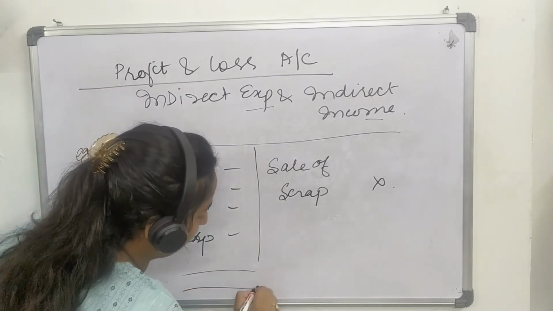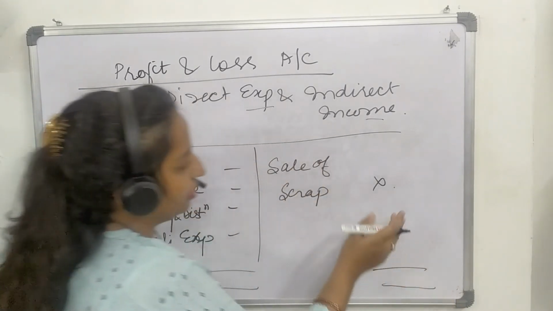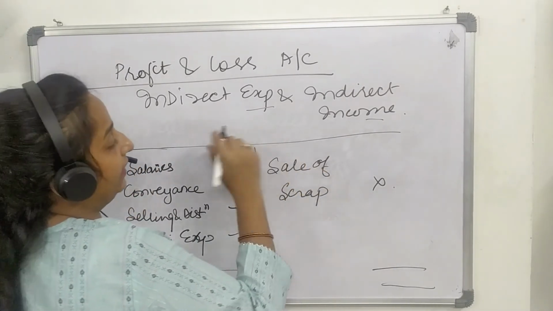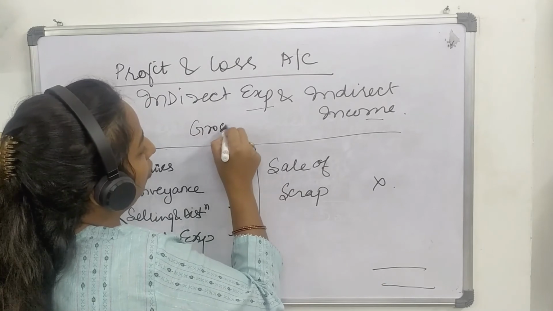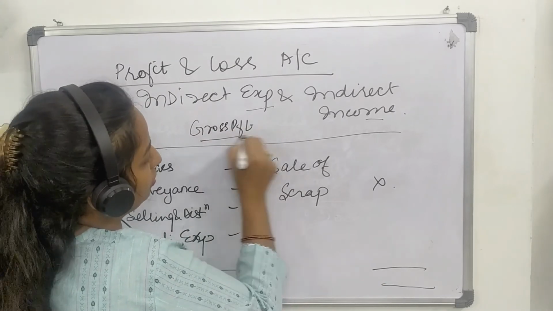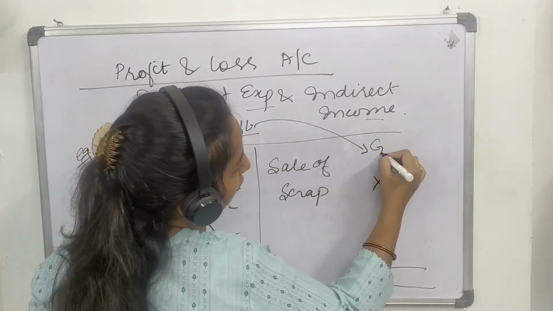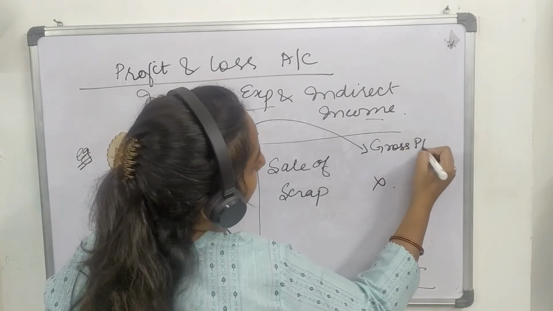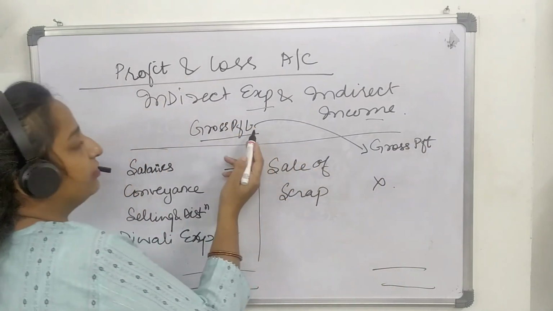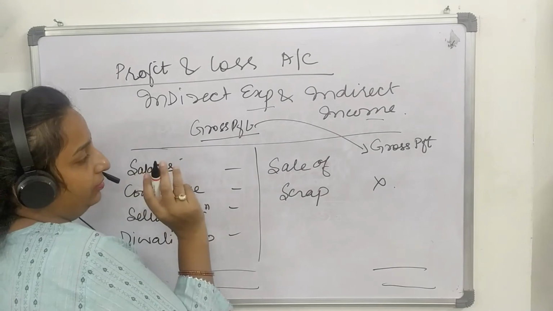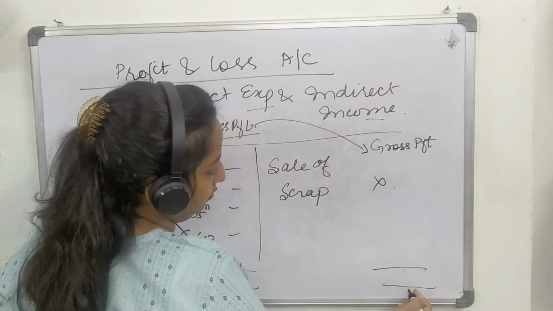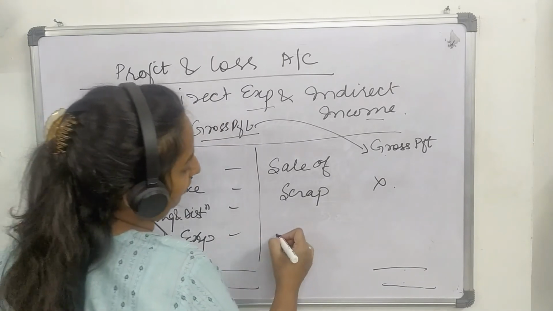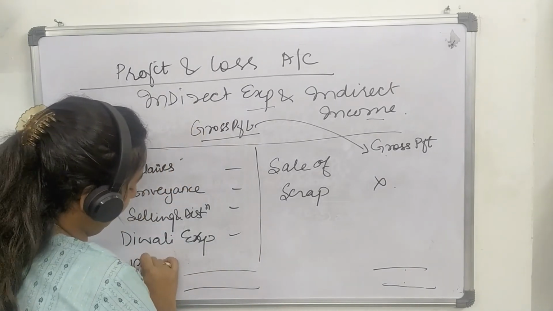So, after balancing, firstly we need to record the gross profit or gross loss. In case we have a gross profit, it will be transferred over here, and in case we have gross loss, it will be transferred over here. Now, with gross profit added, the total will come. If it is more than the expenses, we will have net profit.